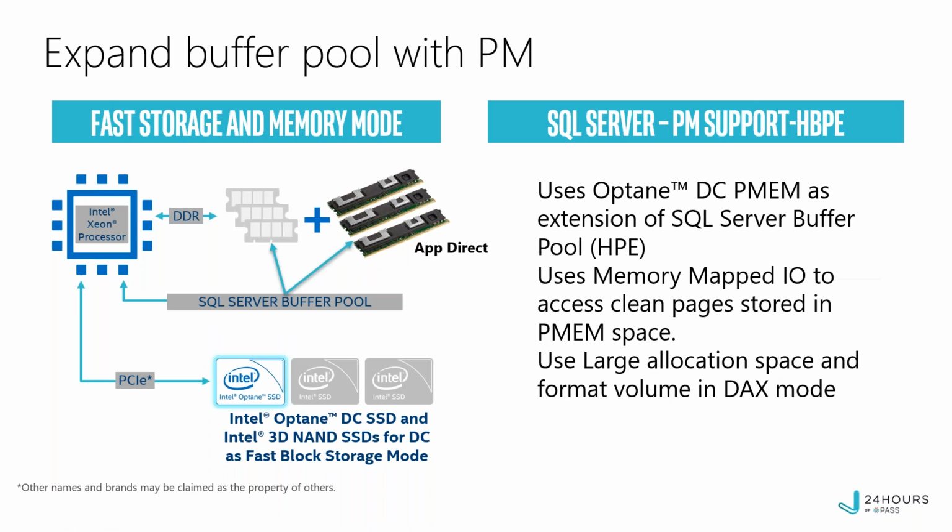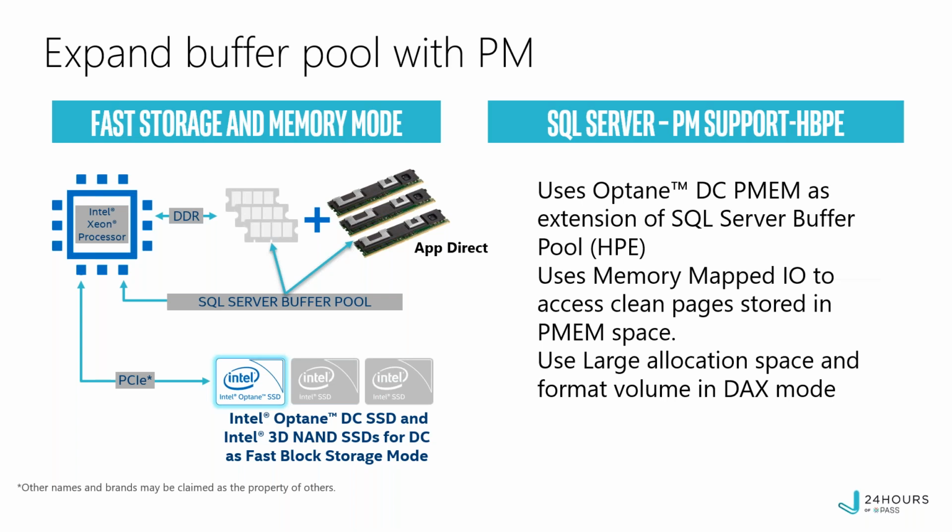We could use extended buffer pool with persistent memory. So in SQL vNext, which is 2019 now, we have what they call hybrid buffer pool, which is basically using persistent memory as an extension of the SQL Server buffer pool.